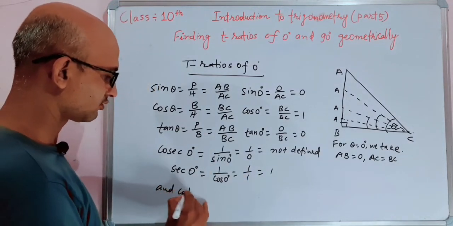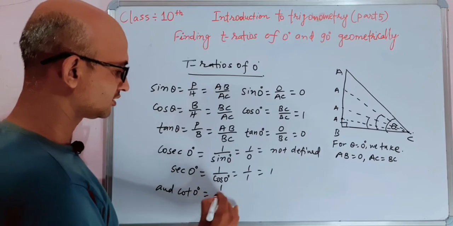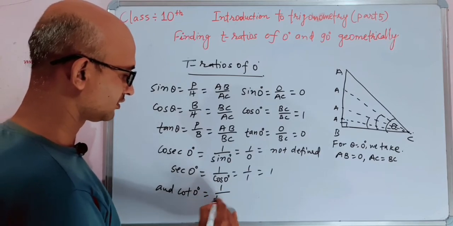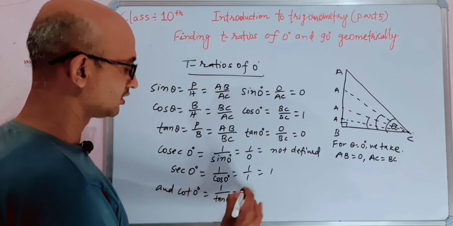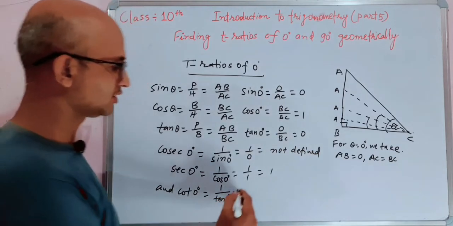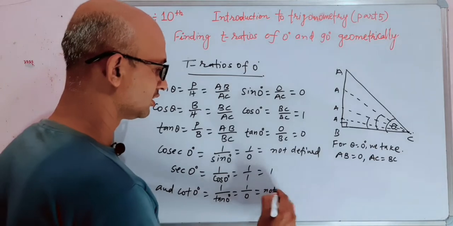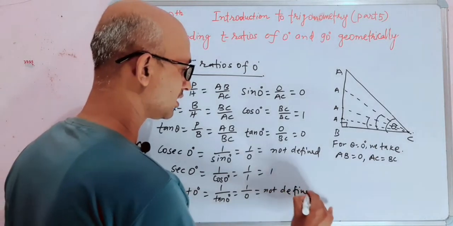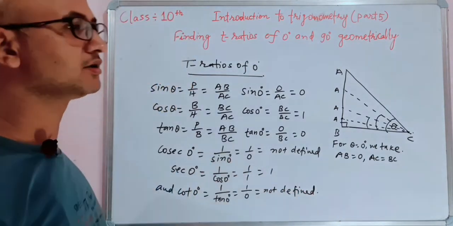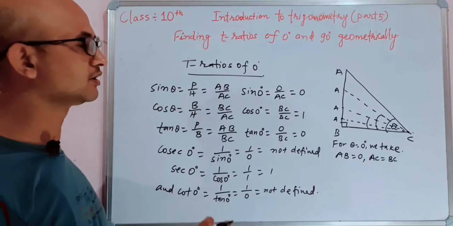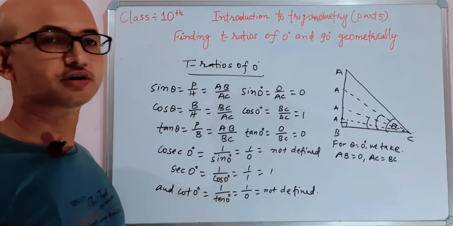And cot 0 is the reciprocal of tan 0, and tan 0 is 0. So we get cot 0 equals 1 by 0, that is not defined. In this way, we get values of trigonometric ratios of 0 degree.